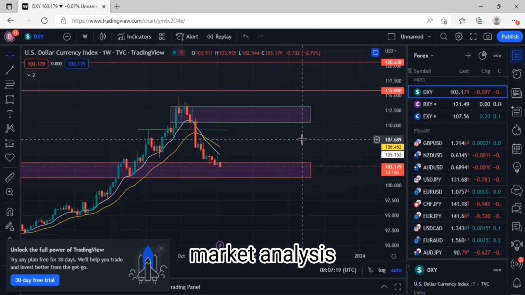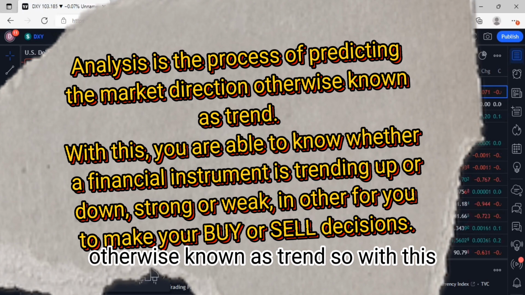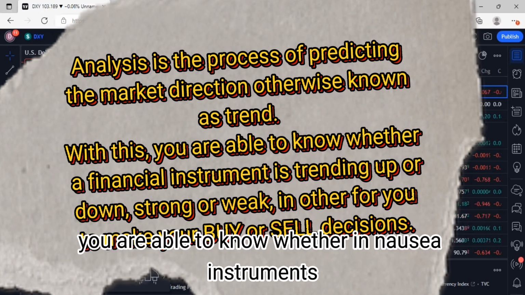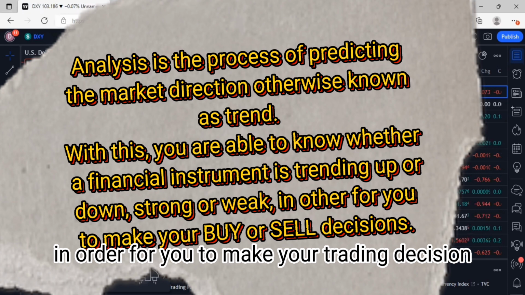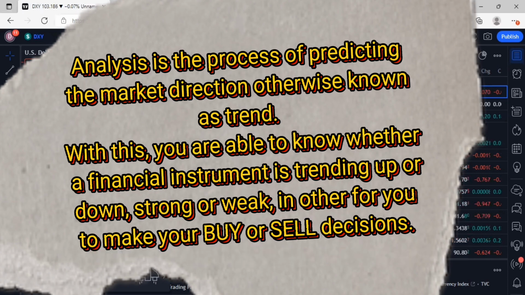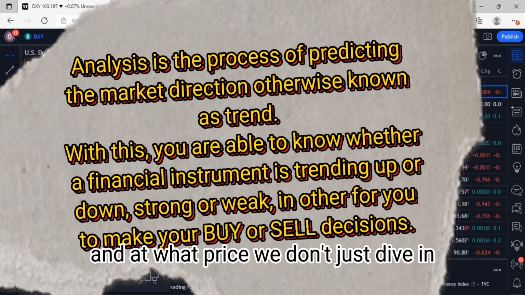Forex market analysis is the process of predicting the market direction, otherwise known as trend. So with this, you are able to know whether a financial instrument is going up or down, strong or weak, in order for you to make your trading decision on whether to buy or sell and at what price.